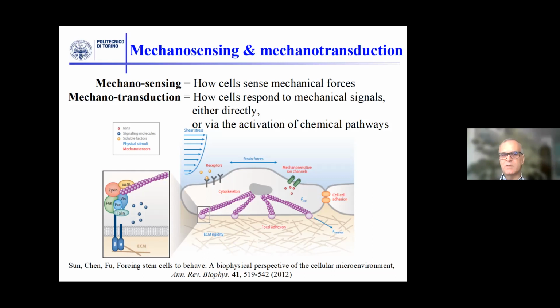To make an example, if you look closely at this picture here, the extracellular matrix connects to the actin fibers and microtubules through a bunch of proteins, the integrins that are here, for instance, and then there is this cluster of proteins, and among them there is talin. Talin is a molecule that has a helical shape, and so when it is pulled, this helix opens up, exposing activation sites, so it can then activate phosphorylation, for instance, and other proteins.